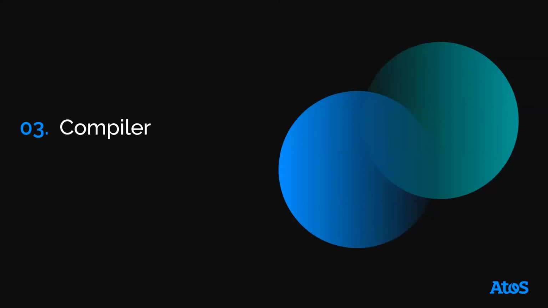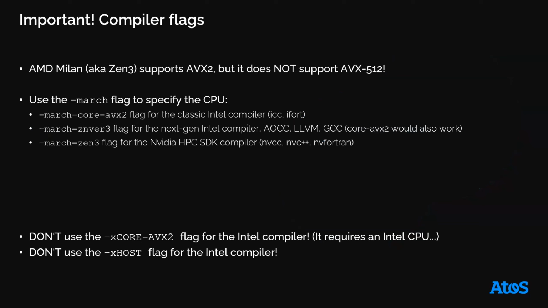Then about the compilers and what is new. Maybe we should state now what we don't cover here: we don't talk about where the mount points are, where your homes are, where your work directories are, and which modules are around.